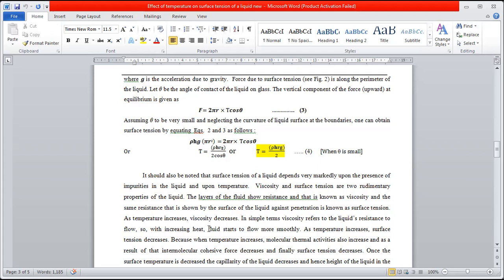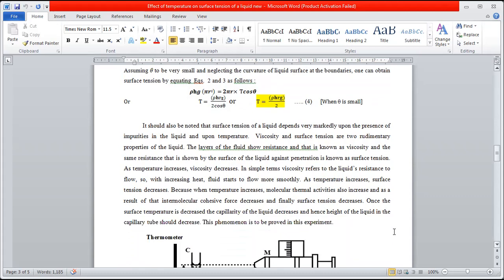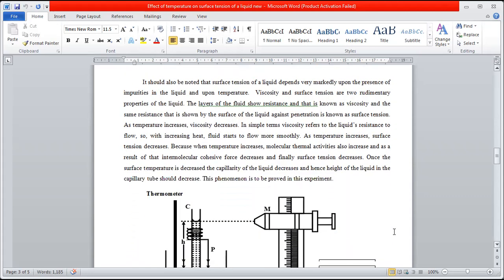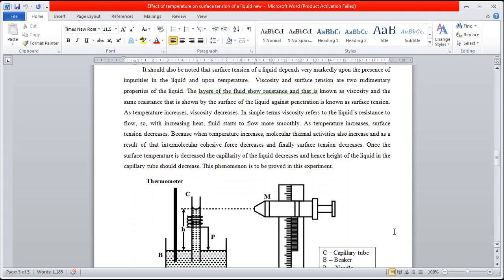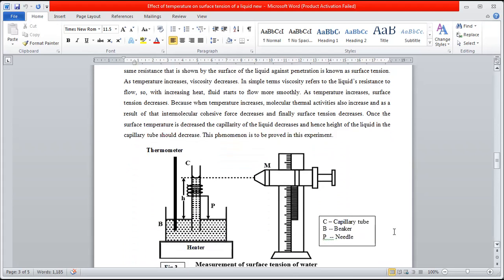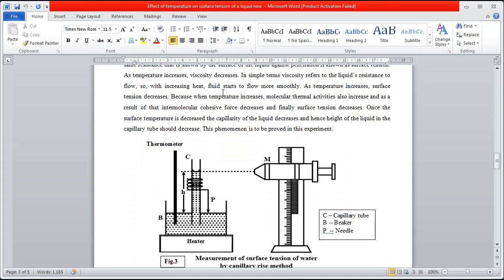As the temperature increases, viscosity decreases. This is a very, very important point, and this is the topic of this session. So what happens? As the temperature increases, viscosity decreases. In simple terms, viscosity refers to the liquid's resistance to flow.